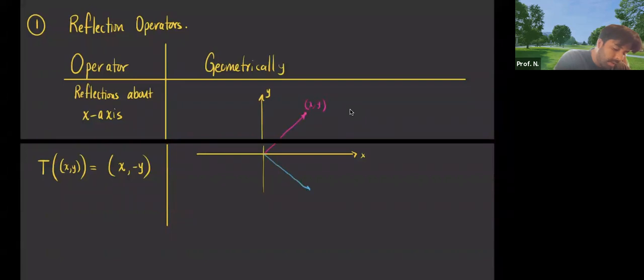This is x, this is y, this is negative y. So this would be x comma negative y. That would be the reflection. So we understand what the reflection would be. Now, what does that look like as a matrix though? How would you find the standard matrix?